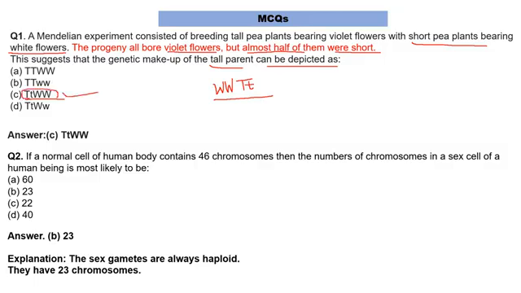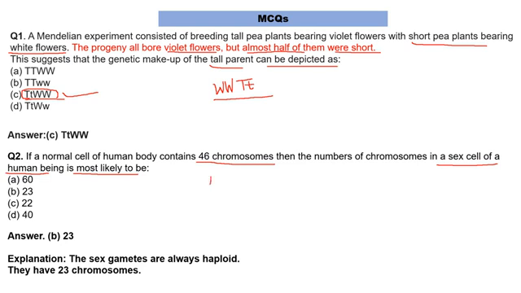Now coming to question number 2, if a normal cell of a human body contains 46 chromosomes, then the number of chromosomes in the sex cells of human beings is most likely to be? We know that the sex cells always have half the number of chromosomes. Why is it important?